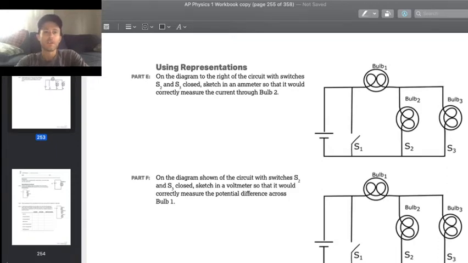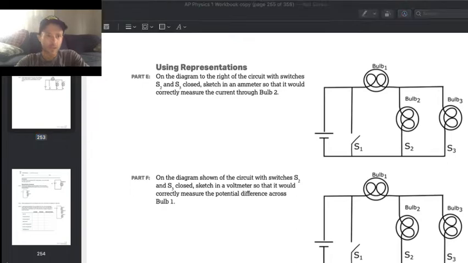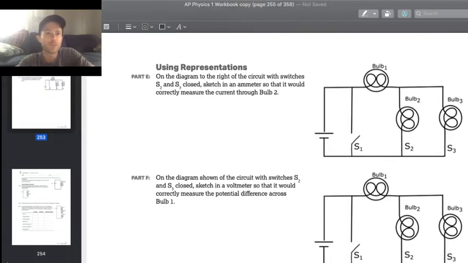One of the things I taught you about ammeters is that for an ammeter to work properly, you have to have it in series with the device under test. So we want to place the ammeter in series with bulb 2.